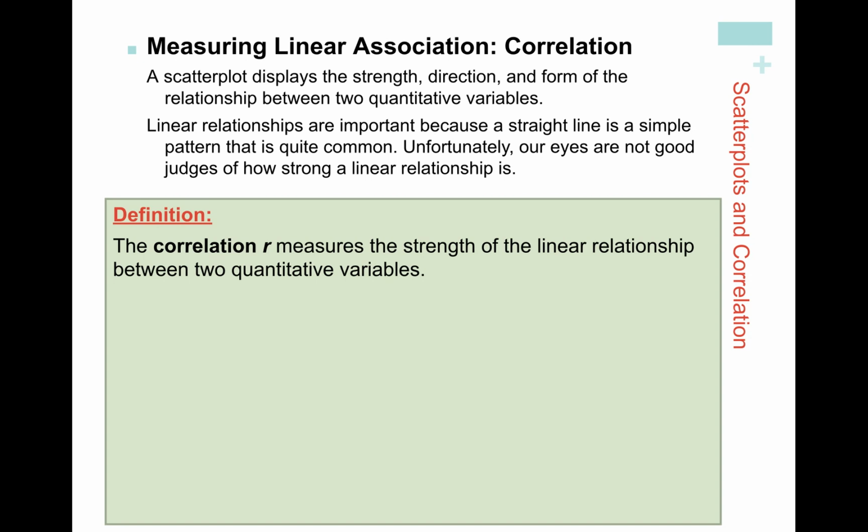The correlation r measures the strength of the linear relationship between two quantitative variables. You can call this just the correlation coefficient. Your textbook authors are going to refer to this r as the correlation coefficient. In other textbooks, they call it Pearson's correlation coefficient after the statistician who came up with this nice equation.